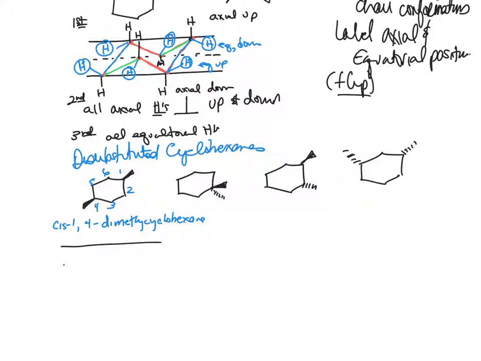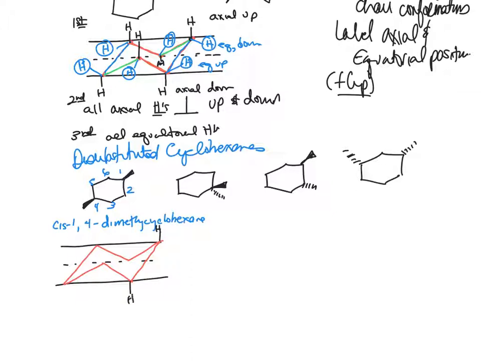So we draw our chair. Okay, so there's our chair. And then the second thing we do is we draw all our axial.